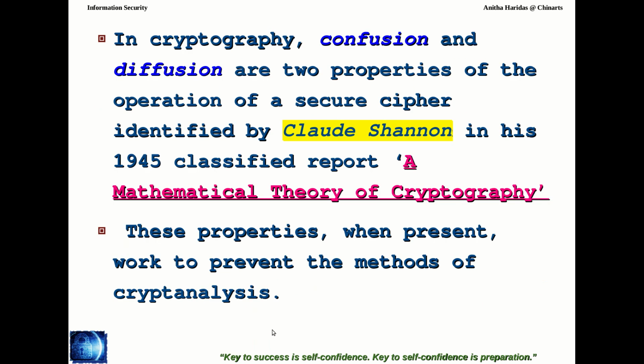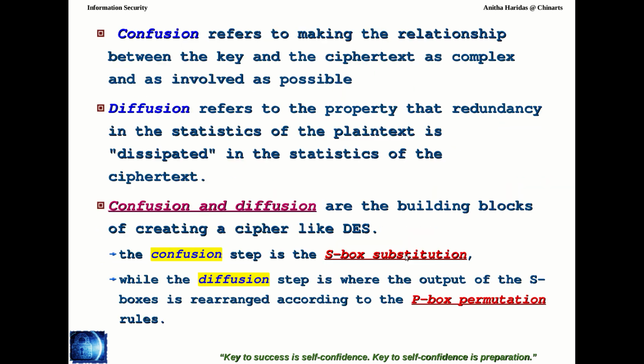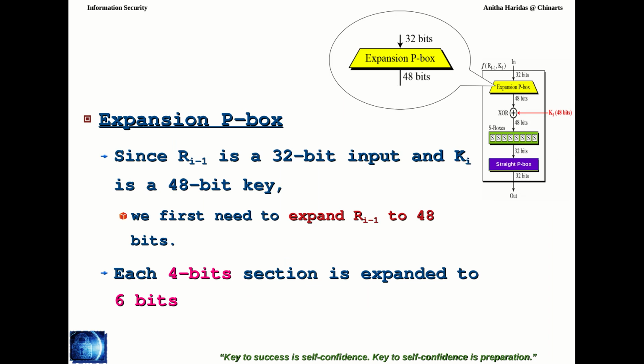So this confusion and diffusion is given here just for your understanding of why we have this many number of components in the DES function. Let us discuss each and every function in detail.